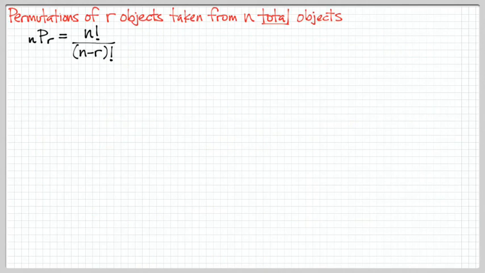And we call this a permutation of r objects taken from a total of n objects. So we have this special notation, nPr. We can say n permute r as a way of saying, given a total number of n objects, if I only want to pick a smaller amount, r objects from that, how many different permutations are there?